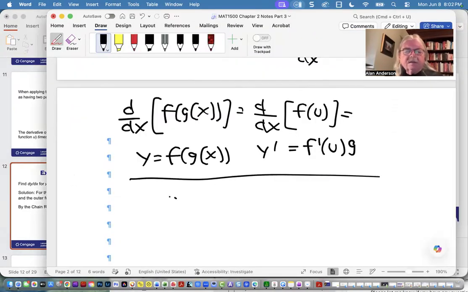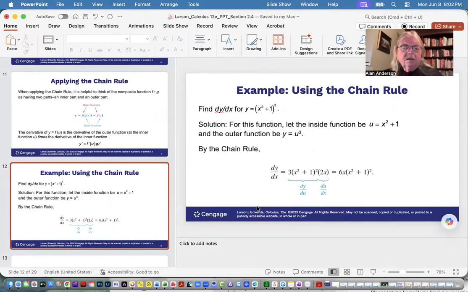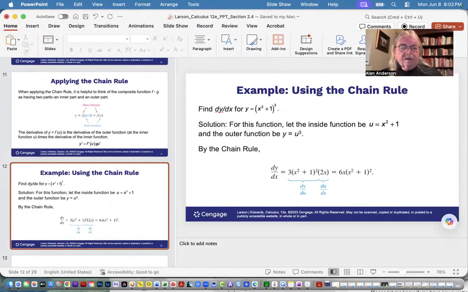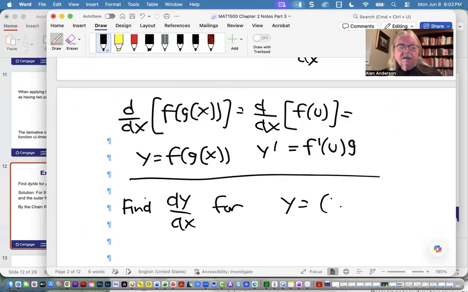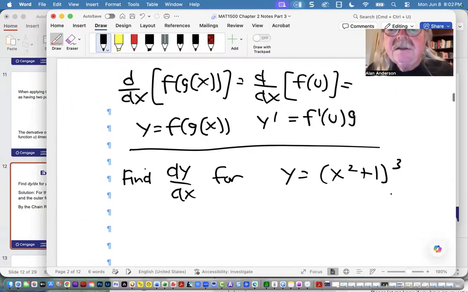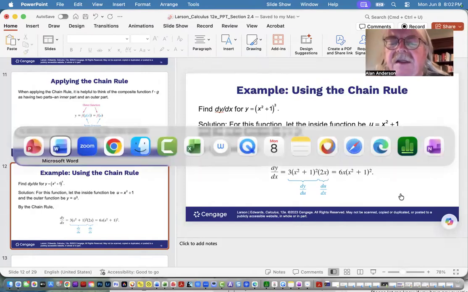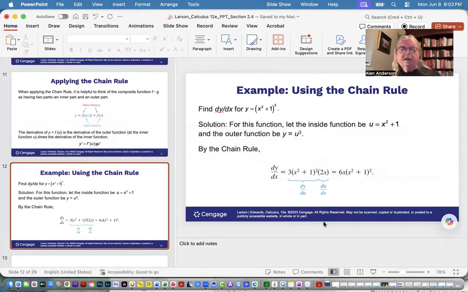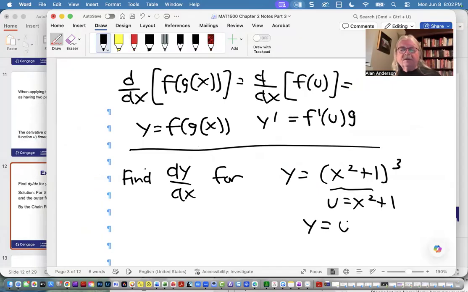Find dy dx for y equals x squared plus 1 cubed. So the first thing we do is let u be x squared plus 1, so that y can be written as u cubed.